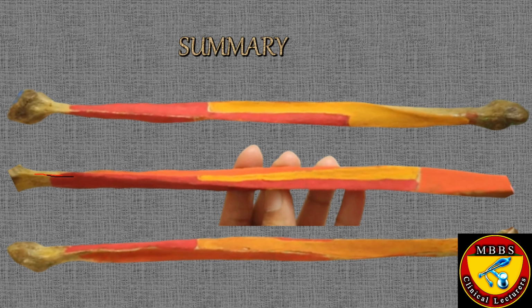I'm trying to make it very accurate so you understand. Now this is the interosseous border, which is very close in its upper part, but now you can see it is a bit visible here, right? So this is the medial or interosseous border.